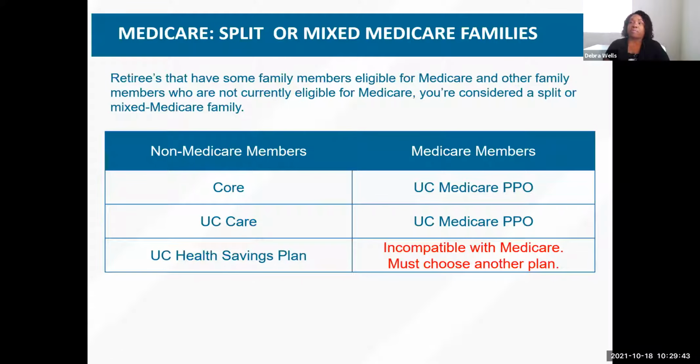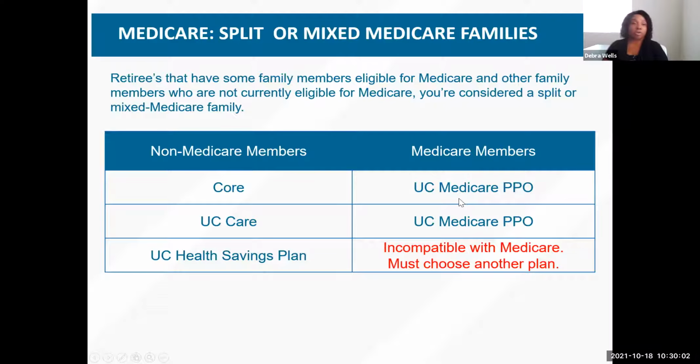So, split family members when it comes to the PPO plans. If you currently have one of these plans here, you want to follow it along to the right for your Medicare family members. So your non-Medicare family members will be in Core, while your Medicare family members will be in UC Medicare PPO.